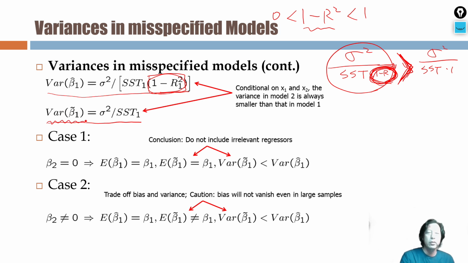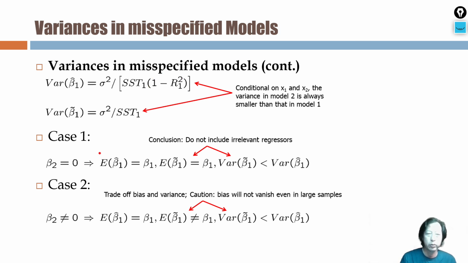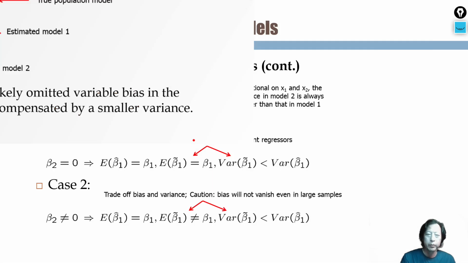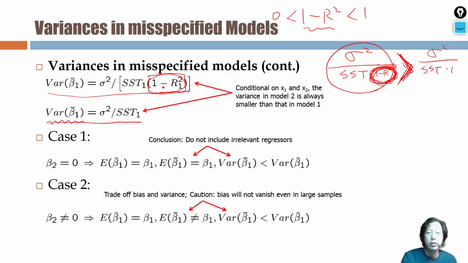right? So if beta 2 was 0, which means that even in the original model we can just get rid of this one. Then, since we're taking it out, your variance is getting smaller, right?